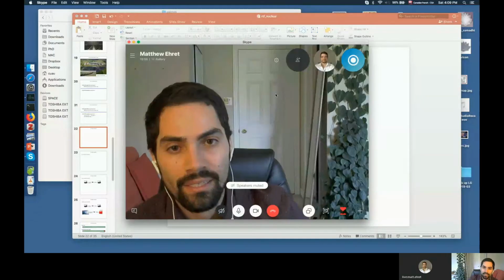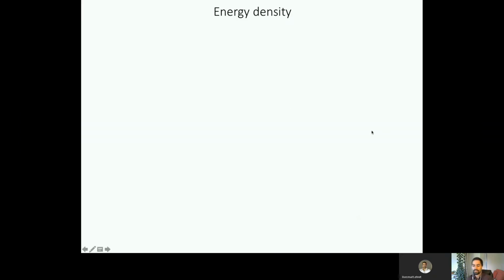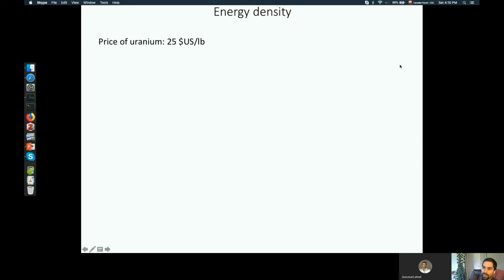So you're probably thinking that uranium must be super expensive if it has so much energy inside. It turns out that the price of uranium is about $25 per pound. It's pretty cheap.